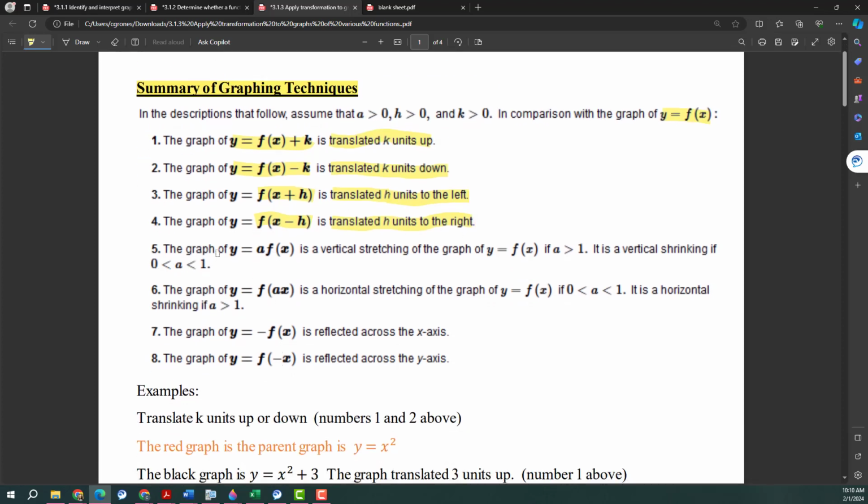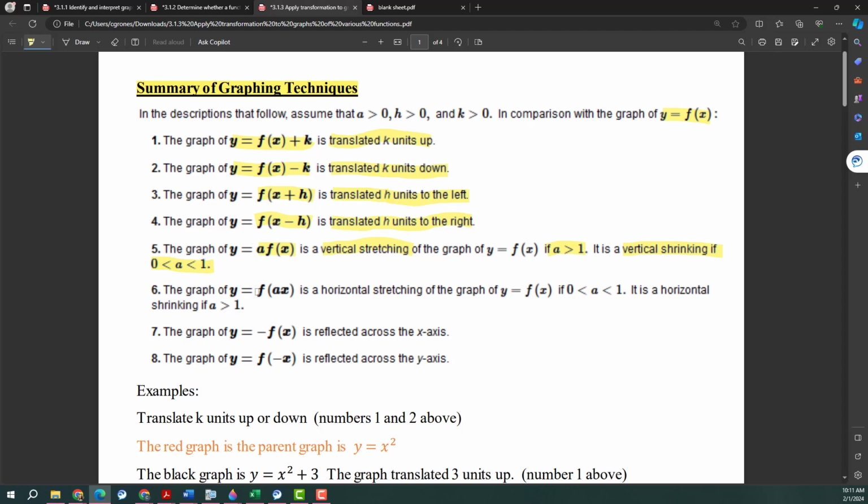For the graph of y equals a times f of x, it is a vertical stretching of the graph if a is greater than 1. It is a vertical shrinking if a is in between 0 and 1.